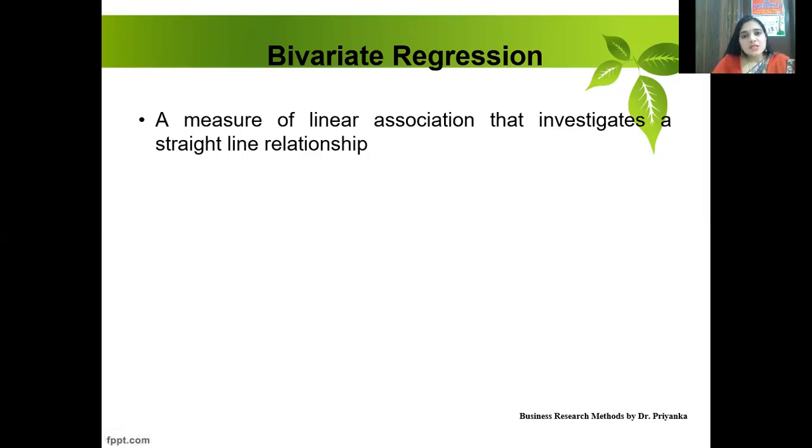We have just discussed perfect negative and perfect positive correlation. If that is so, then you will check regression and see how much they are related and how much they impact each other. It is generally useful in forecasting. For example, you have 10 years of sales data and advertising data as well, and on the basis of that, you can forecast next year's sales on the basis of advertisement expenditure, right?